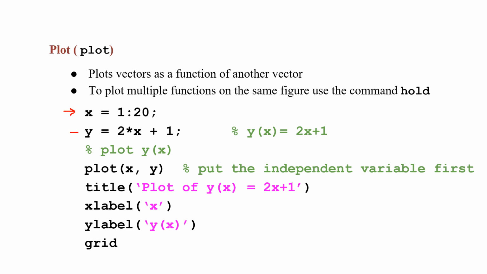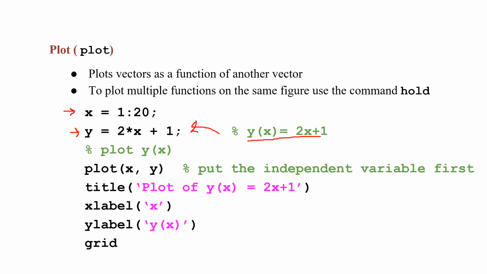Y is actually dependent on x, and y is equal to 2 times x plus 1. As a mathematical expression, I can say y of x is equal to 2 times x plus 1. Converting this into MATLAB code, this is what we get. It's important not to forget the asterisk because this is the multiplication operator in MATLAB.